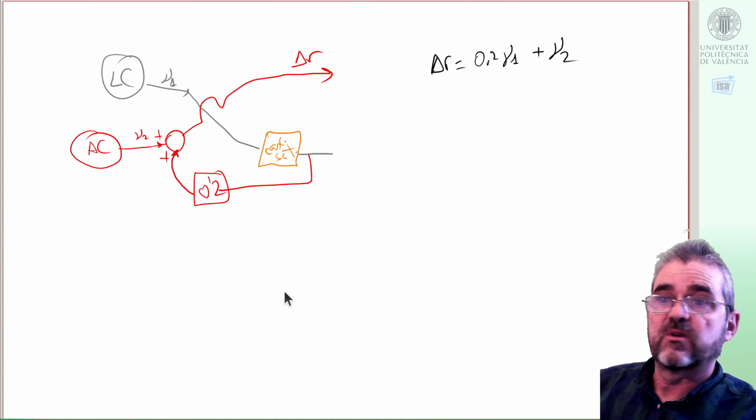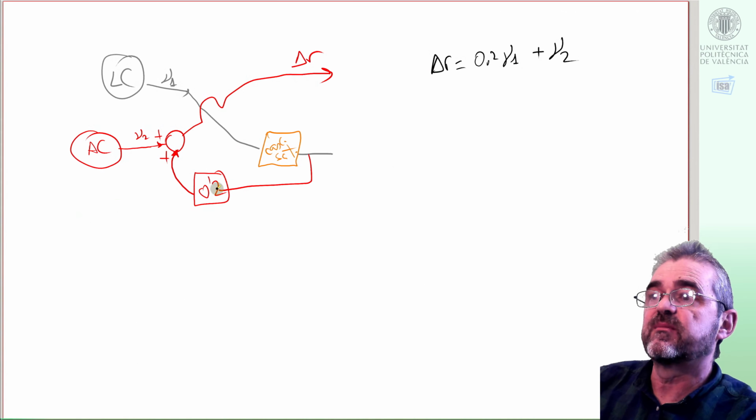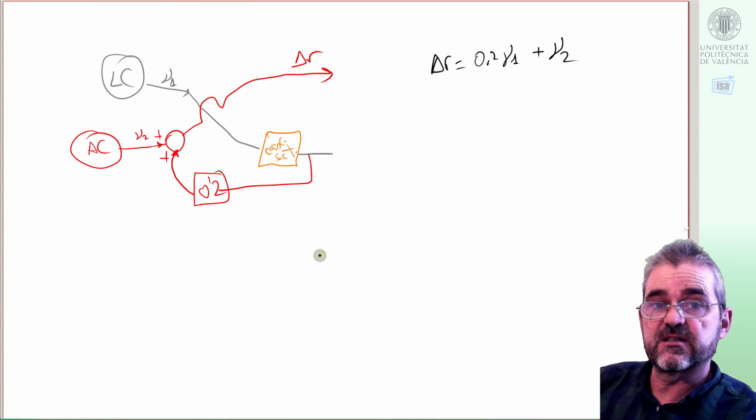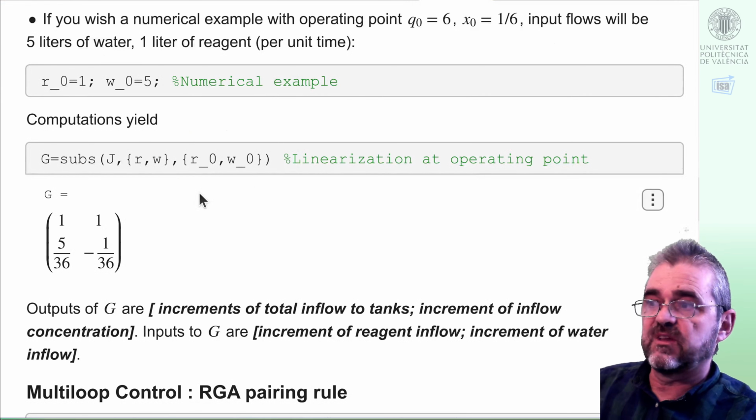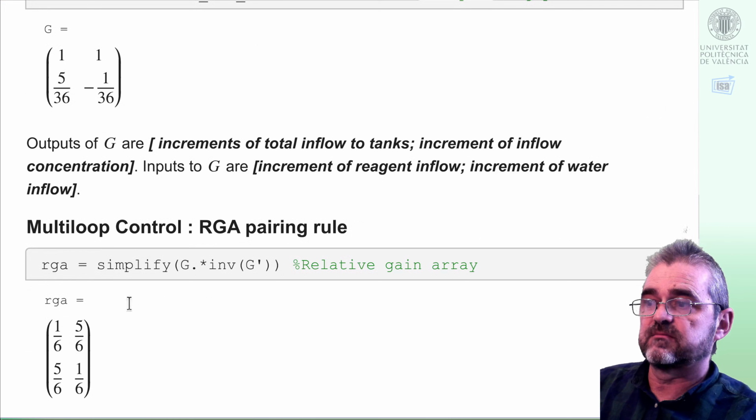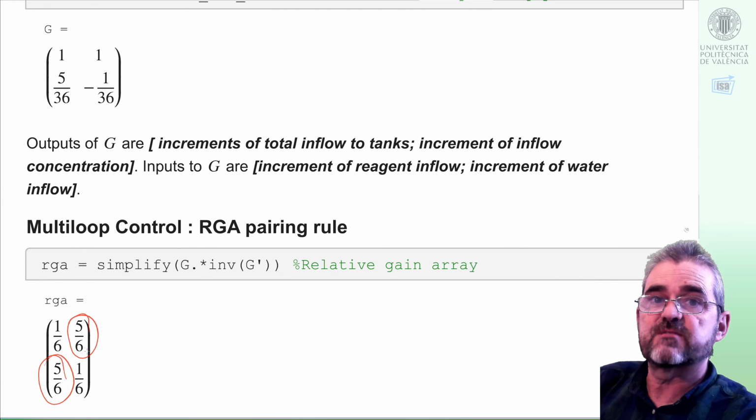So what is this block diagram? This is very reminiscent of inverted decoupling. Indeed, if we have this transfer function, well, this relative gain array advised us this pairing, so this thing, which was increment of flow using increment of water and increment of inlet reagent fraction with the reagent flow.